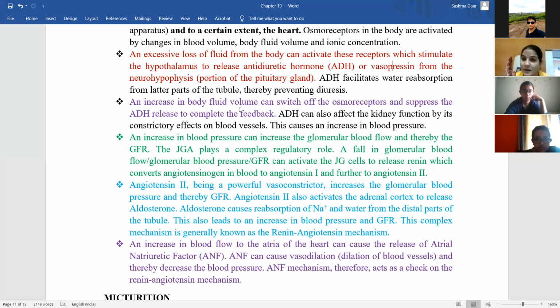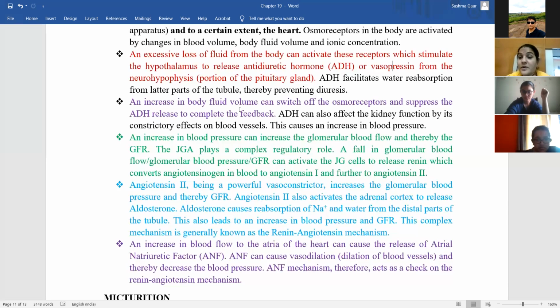So the volume of body fluids can be maintained. Okay. Ma'am, so diuresis takes place when ADH is not released, right?